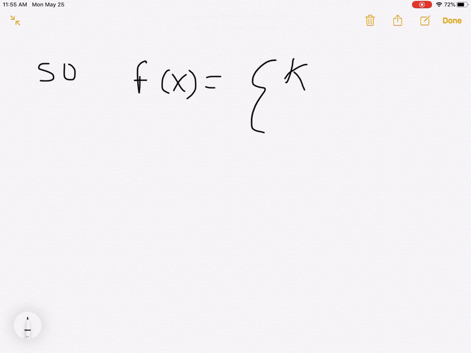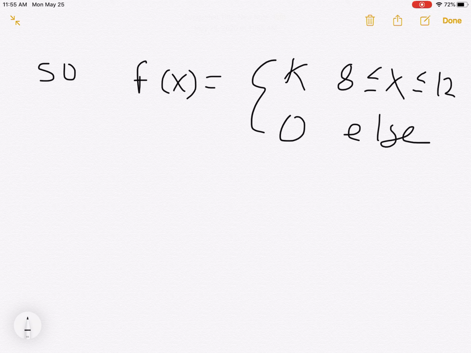Okay. So what you're being told is that f of x, that's the density, is going to be a constant if it's between 8 and 12, and we're told that he's not going to arrive at any other times. Okay, so here's going to be the first thing we need to do.